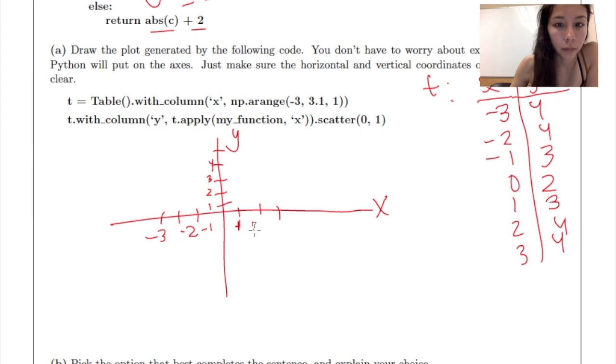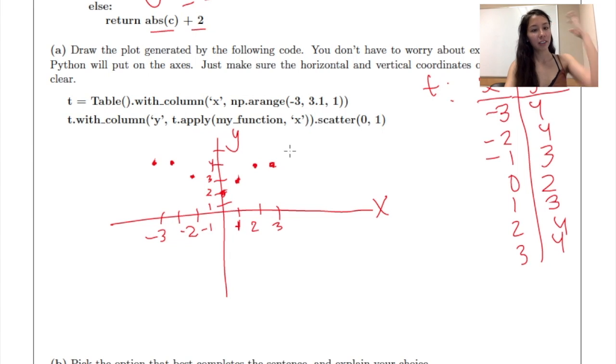Okay, so we have -3, 4, which will be up here, -2, 4, which will also be up there, -1, 3, and so on and so forth. Okay, so that is basically a very messy version of what this scatter plot should look like.